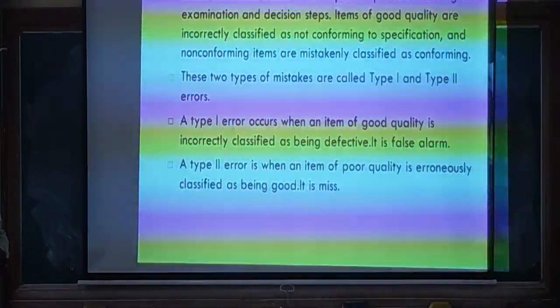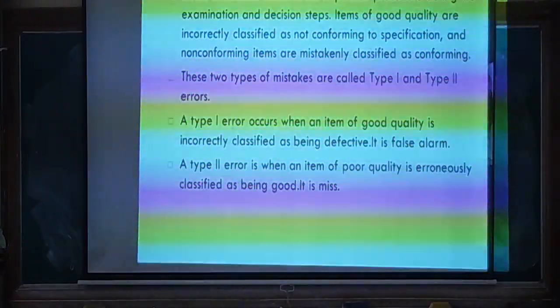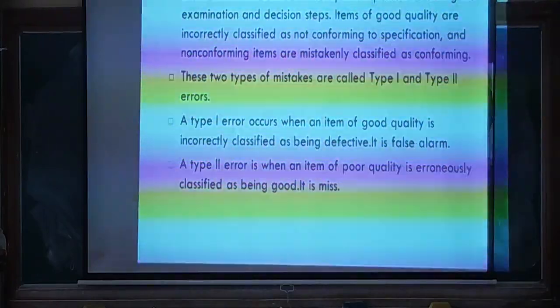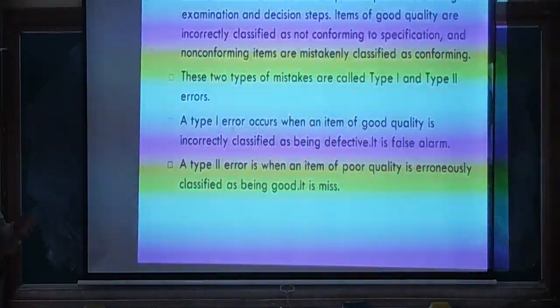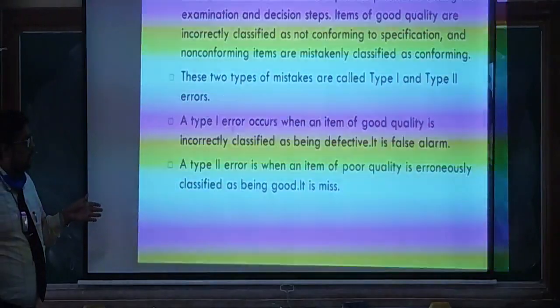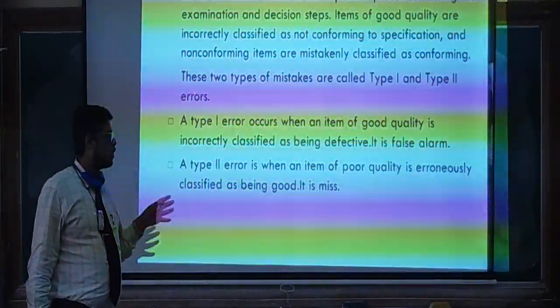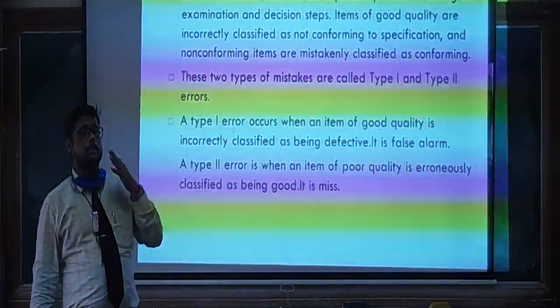Now a type 2 error is when an item of poor quality is erroneously classified as being good. In a type 2 error, the item of poor quality is erroneously classified.